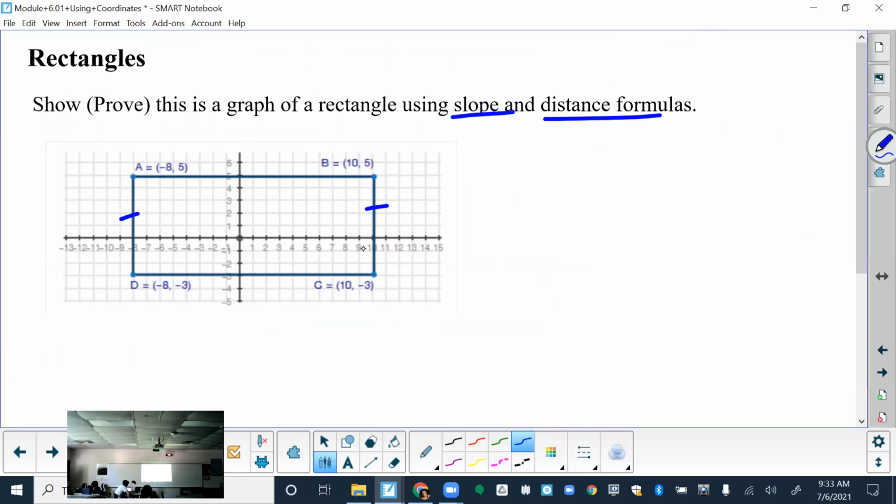What's the slope of line AB? Does it have a rise? Does it go up or down? All right, it does have a rise. It goes up on the -8.